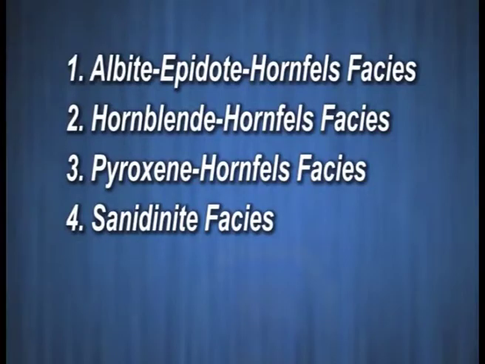The Abukuma type is named after the Abukuma region in Japan and is similar to the Buchan type of the Dalradian. The phases of low pressure are listed below in order of increasing temperature of metamorphism. First, the Albite epidote Hornfels facies. Second, hornblende Hornfels facies.